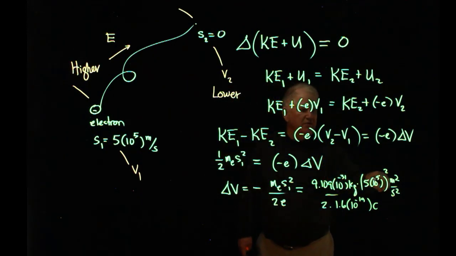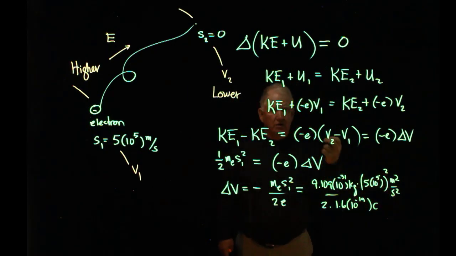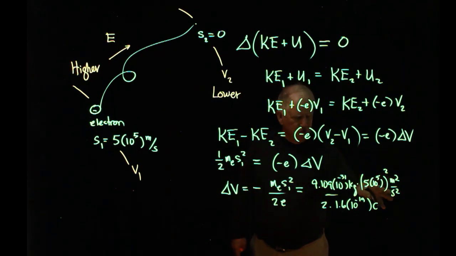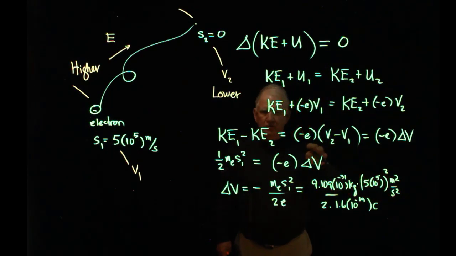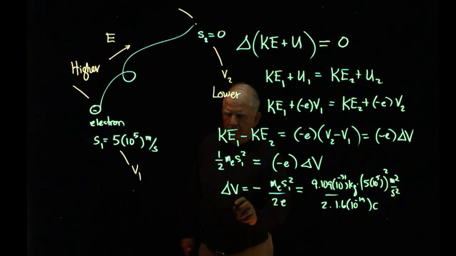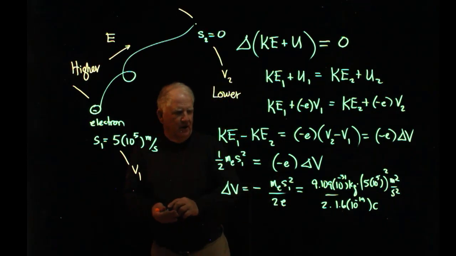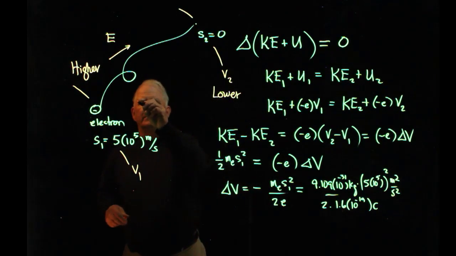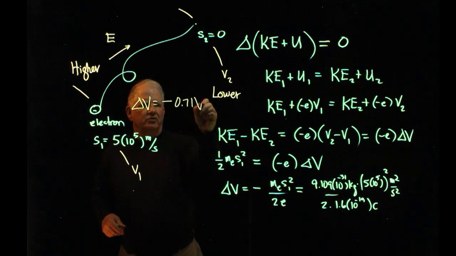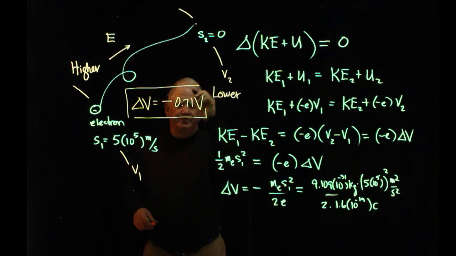This is a kilogram times a meter per second squared, which is a Newton, times a meter. Newton meter is a joule. Joule per coulomb is a volt. Exactly what we want. And if you run through this problem numerically, you'll find that delta V is equal to minus 0.17 volts.